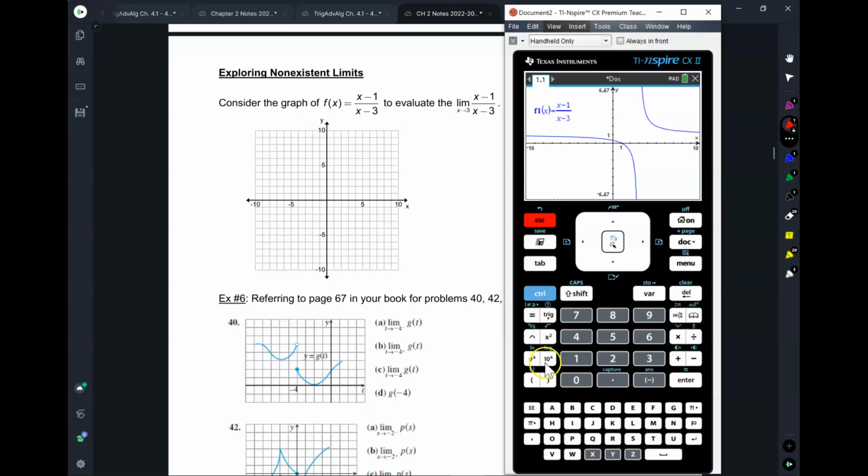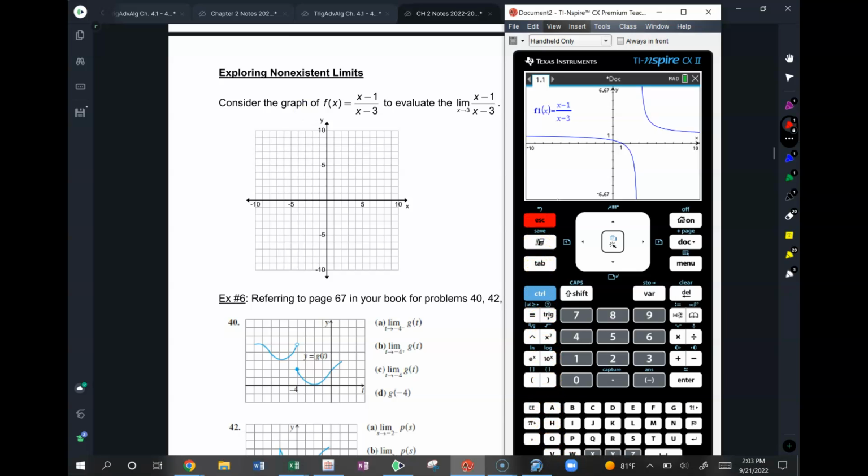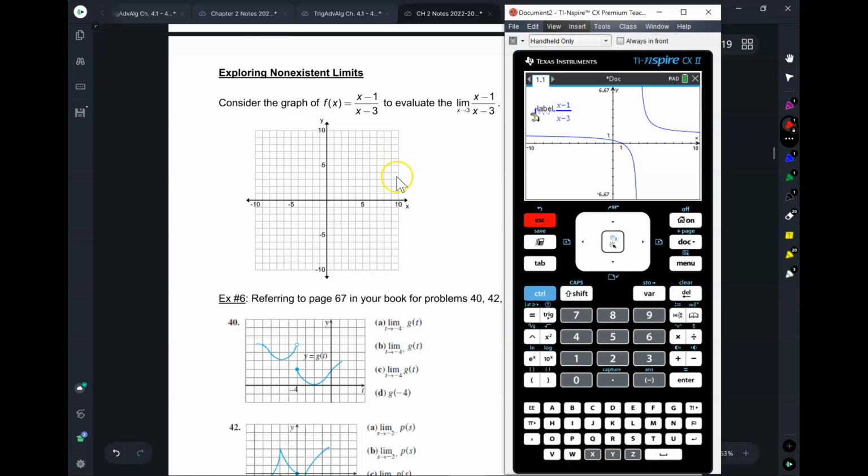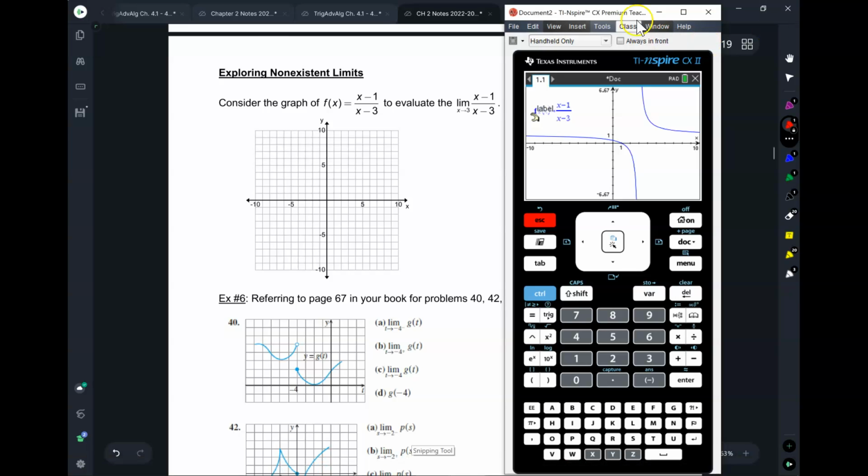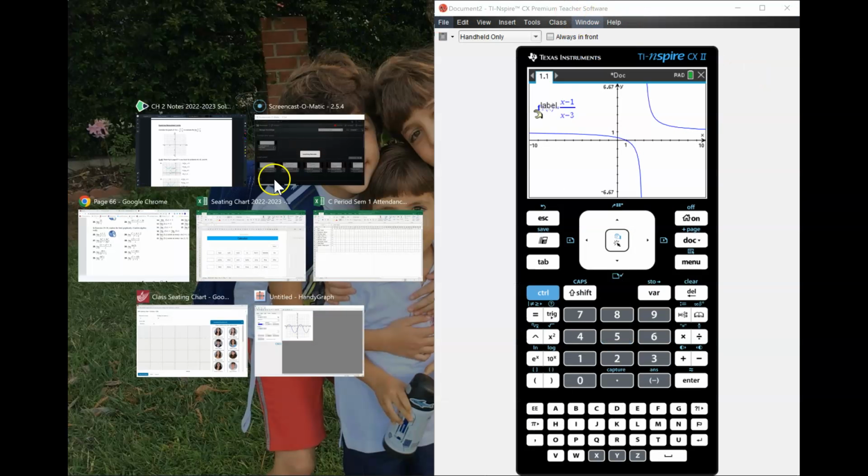Just do Control T. It gets rid of the table for you. We know from previous years that when you set the denominator equal to 0, x equals 3 is what you get. And at x equals 3, you see that there is a vertical asymptote. So right here, there is a vertical asymptote at x equals 3.